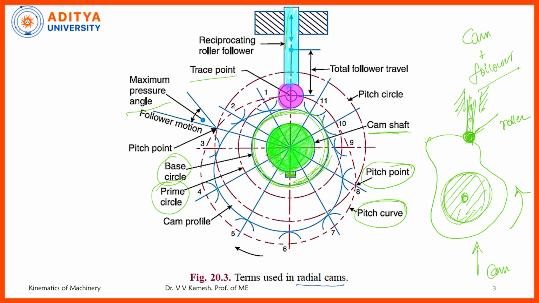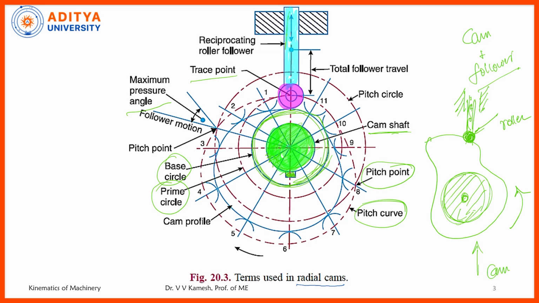The follower is directly not attached to the cam, it is attached through the roller. So the roller motion is followed by the cam. When the cam is rotating, the roller has to respond because it is directly attached to the cam.